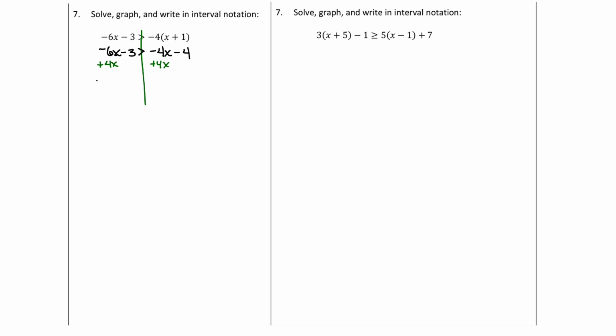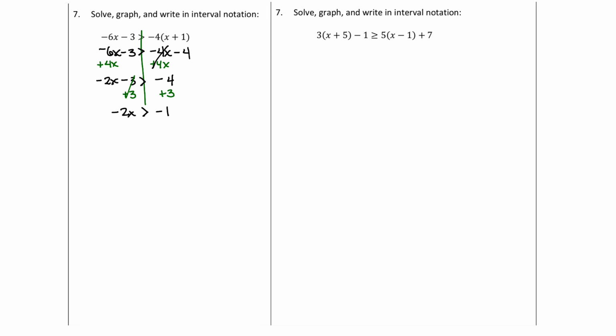I end up with negative 2x minus 3 is greater than negative 4. Let's get rid of the extras, which is the 3. So add 3 to both sides. And we get negative 2x, still greater than negative 1.